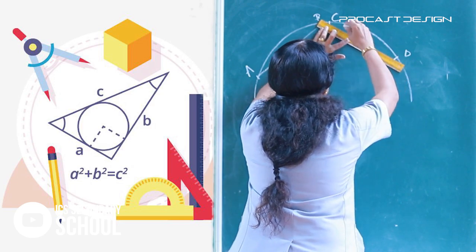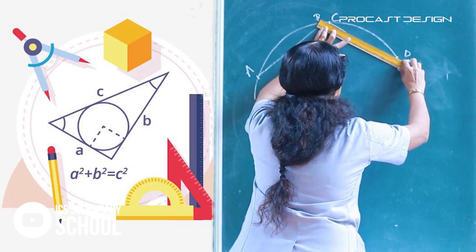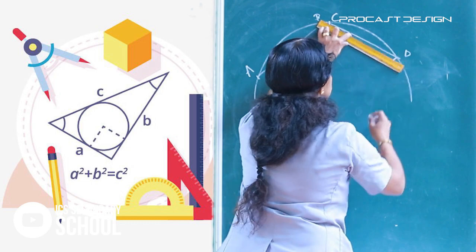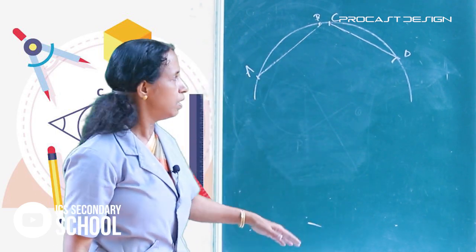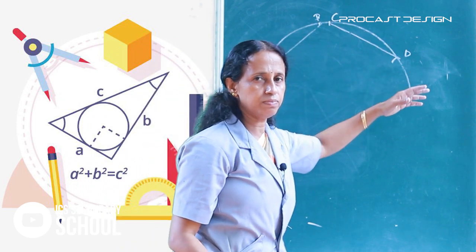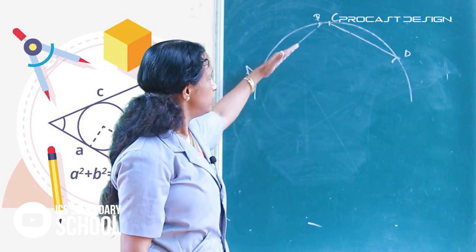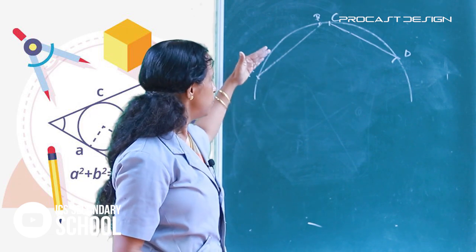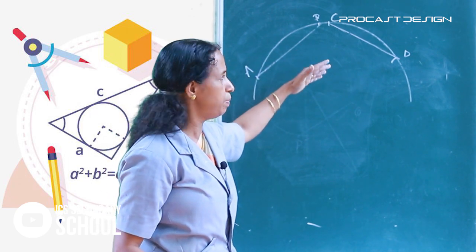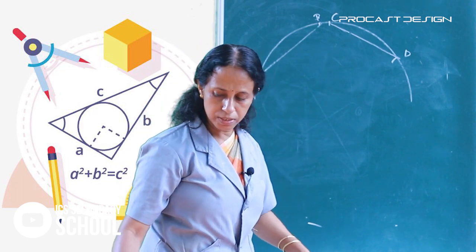First mark 2 points A and B, and mark another two points C and D. Draw the perpendicular bisector of both lines: first the perpendicular bisector of AB and then of CD.